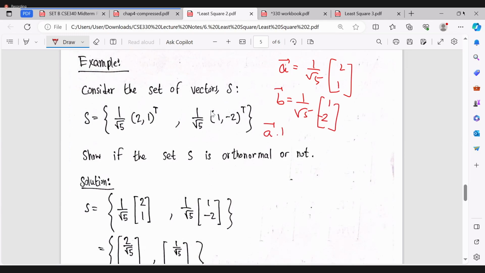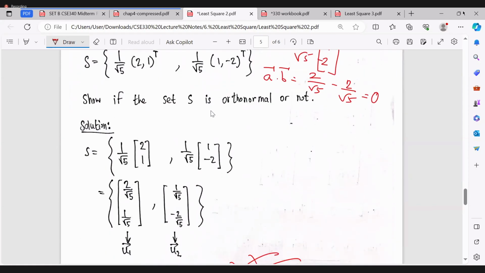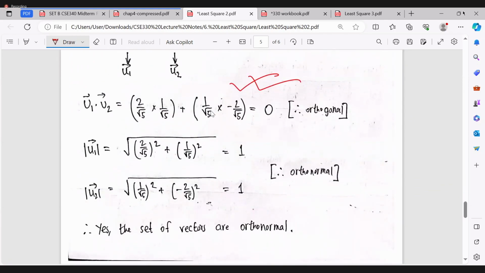If you take their dot product, you'll get 2 by root 5 minus 2 by root 5, which is 0. Then you need to check their magnitudes. By checking, you see that both of their magnitudes are 1. So the set of vectors is orthonormal.